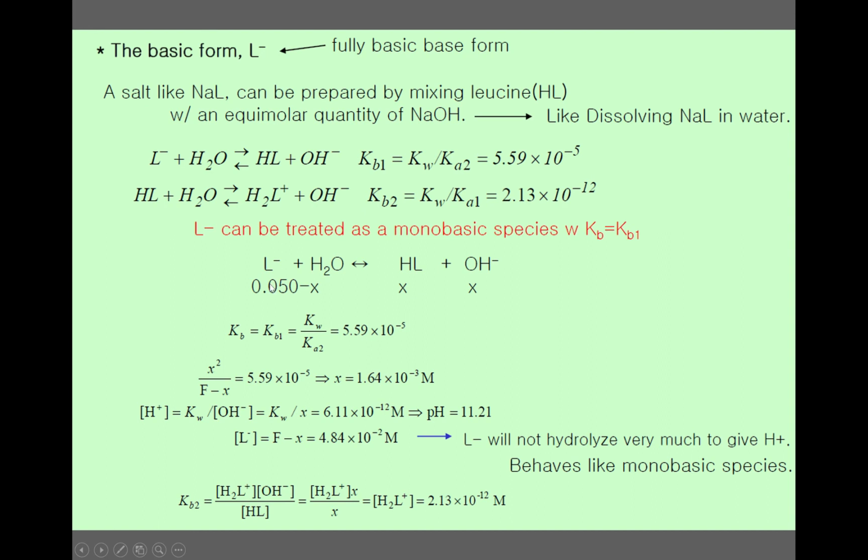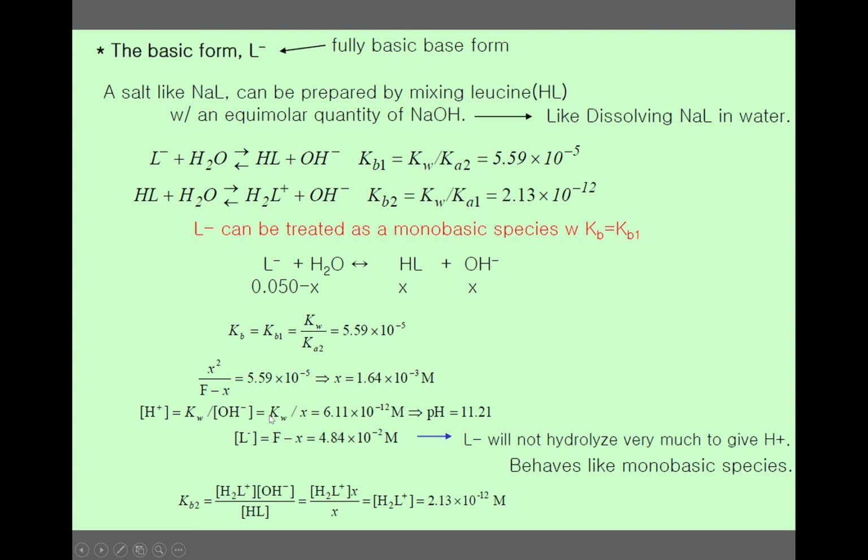Here we have 0.05 molar in the L minus solution, and we put X here. We simply ignore the second dissociation and solve the equation. Then we get X, in this case the hydroxide ion concentration, which is 1.64 times 10 to minus 3 molar. And what about the proton concentration using this relation?